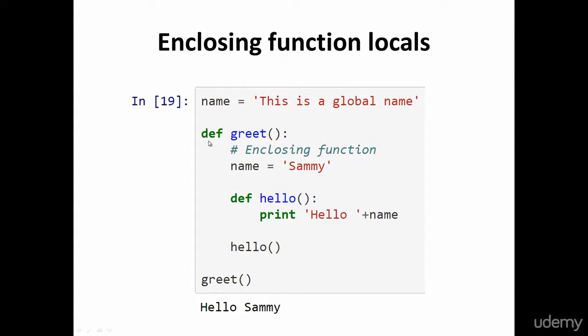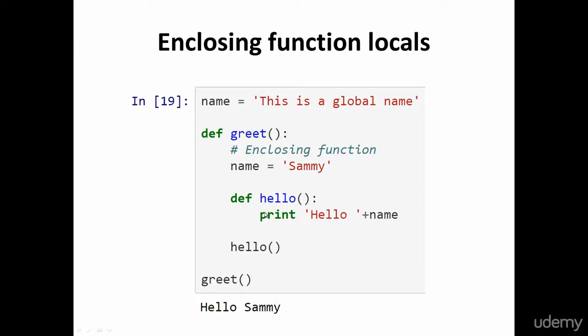Then I create a function called greet and name equals Sammy. And then, this is something a little new that we haven't seen yet, I put a function within that function, I enclose it, and I have a function called hello, and it prints hello plus name. Then I call hello in my greet function, and then at the end I call greet. If you notice, it prints hello Sammy.